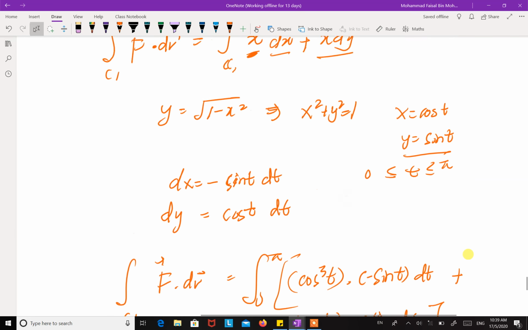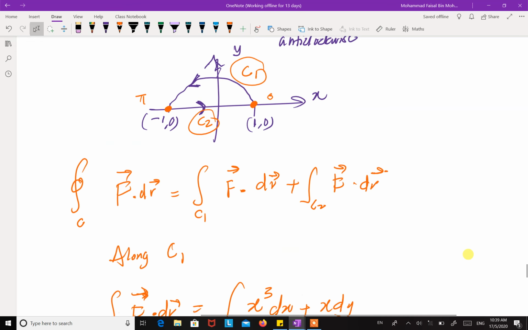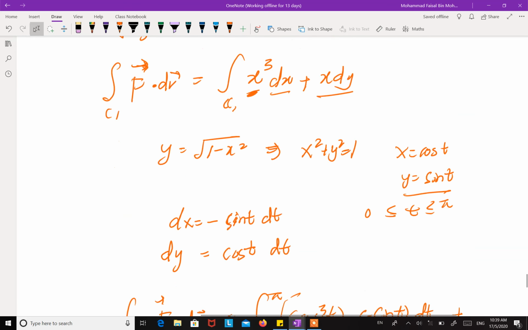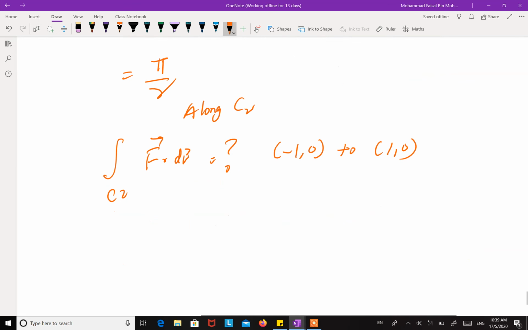Along C2, your v is 1 minus (-1), which is the difference, and 0 minus 0, so this is (2, 0).